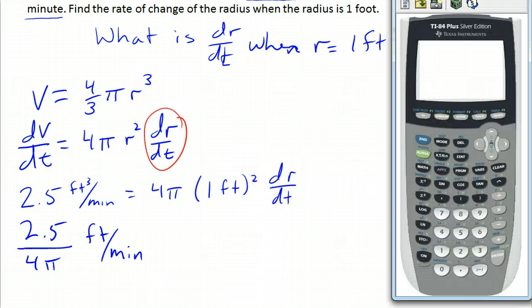If we bring up our calculator, we go 2.5 divided by parentheses 4 pi, and we get about 0.2 feet per minute.